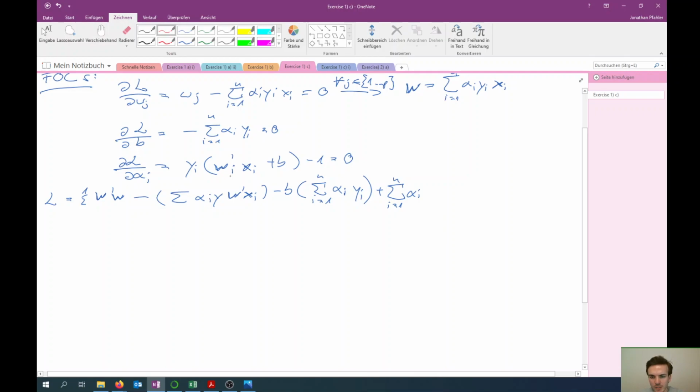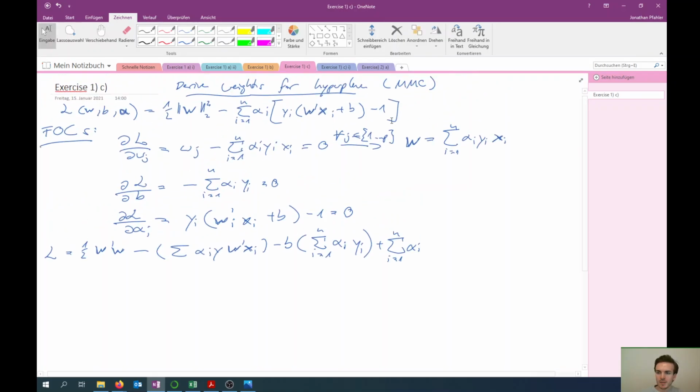And here now I just pulled beta out of the brackets, and then I multiplied alpha into the brackets, and this is the result. Now if you have a look at the first order conditions, you will see that this part here is actually equal to 0, so this cancels out.